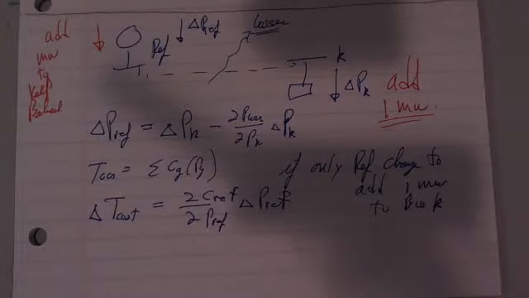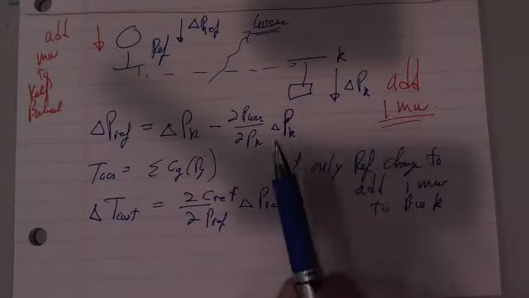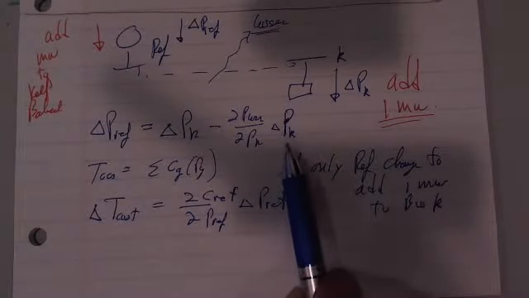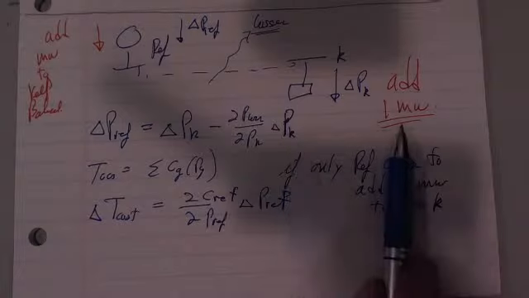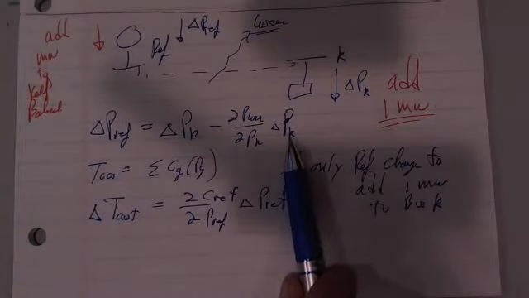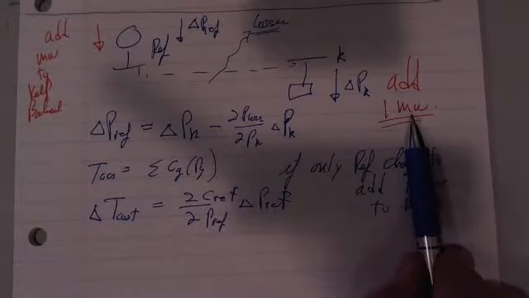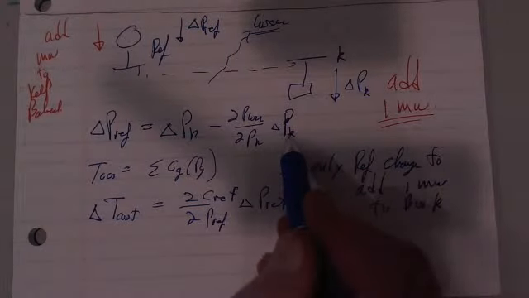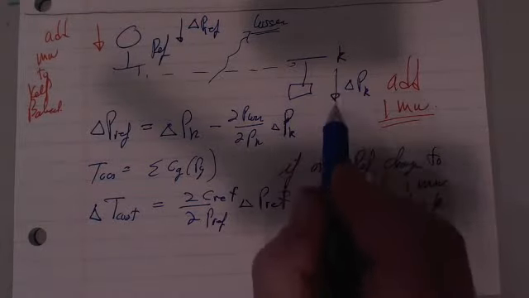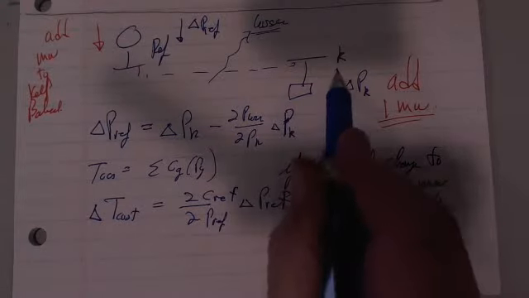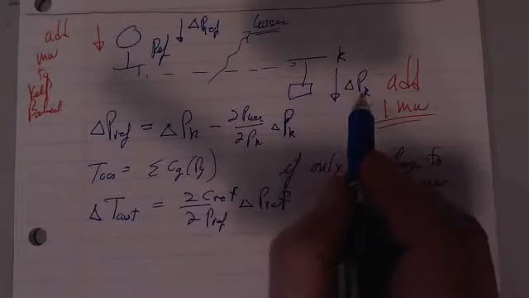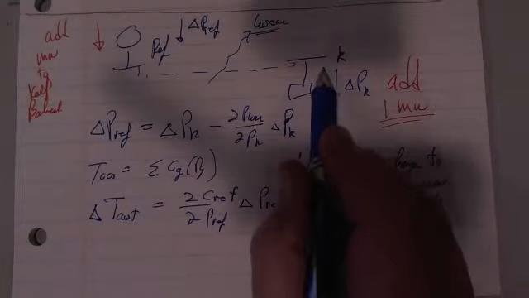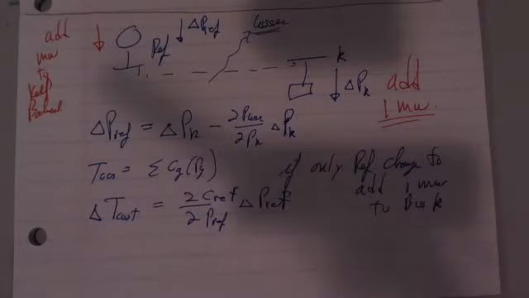Okay, that's it. Now, part of the reason that this is a negative sign here is that if you add 1 megawatt here, then the delta P is minus 1 because you're increasing the draw from the bus. And this injection is considered negative because it's coming away from the bus.